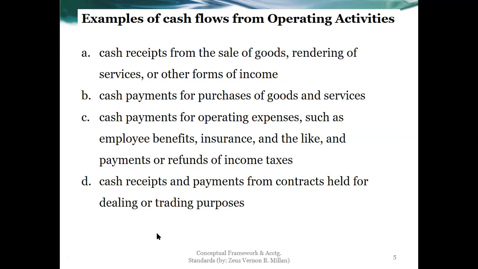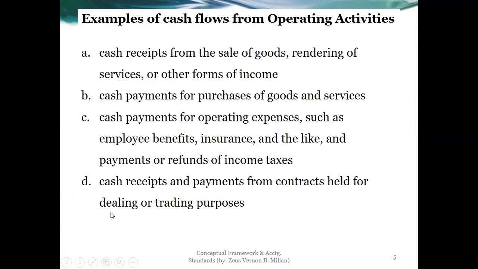Again, to emphasize, all of these are either the pluses, the inflows, or the minuses, the outflows. Then operating expenses such as employee benefits, like salaries, insurance, and the like, or refunds for the payments of income taxes or any other types of refunds wherein we pay somebody or any entity, then that's part of operating activities.